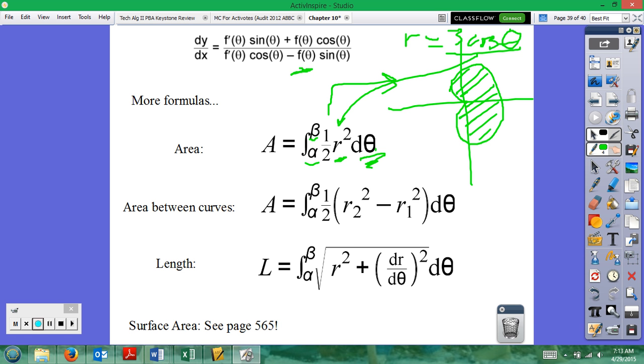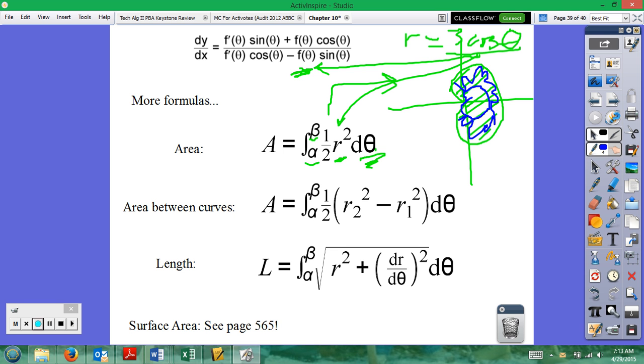But anyway, the second formula there is area between curves. That might mean you have a cardioid and some other, smaller polar graph, and it would give you the area between them.